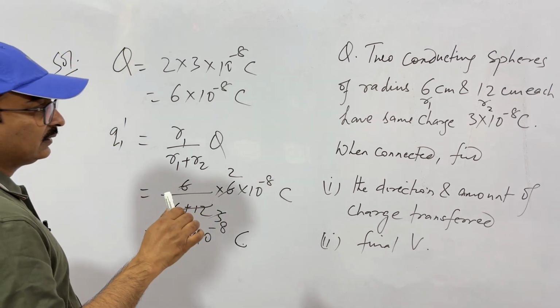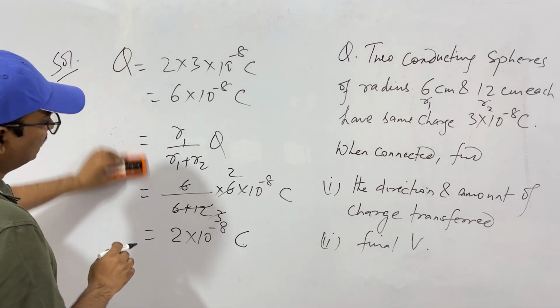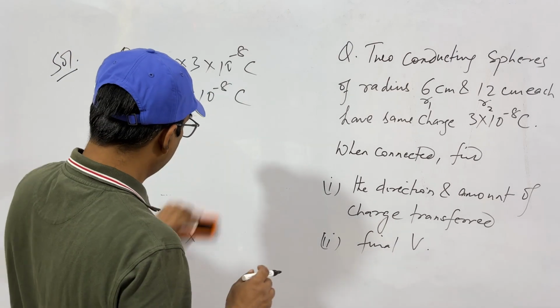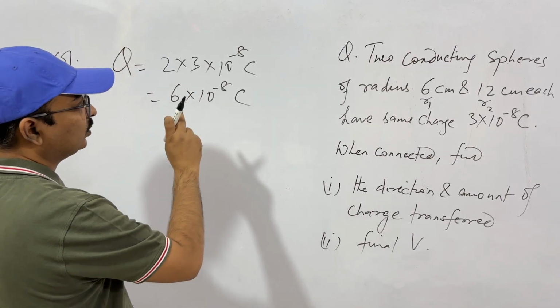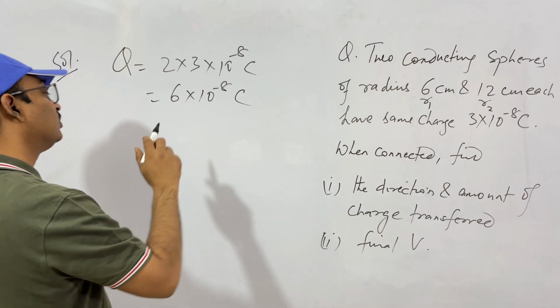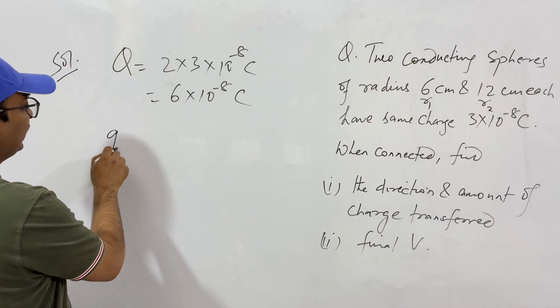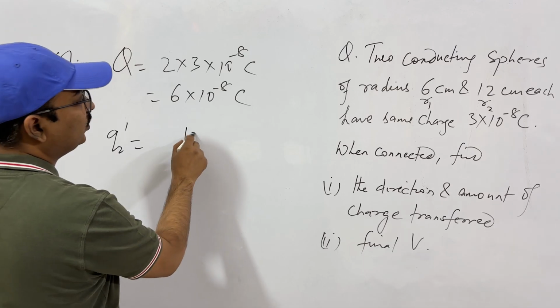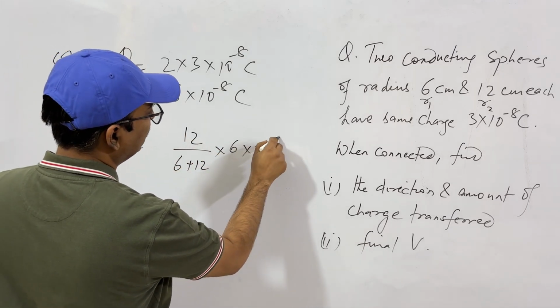We'll analyze the direction with understanding of potential also. So Q1 dash is 2 into 10 to the power minus 8. What will be Q2? Obviously, the first has dropped from 3 to 2, so the second one will gain 1 into 10 to the power minus 8 coulombs, so it will be 3 plus 1, that is 4 into 10 to the power minus 8. Let's see, Q2 dash will be 12 by 6 plus 12 into 6 into 10 to the power minus 8 coulombs.